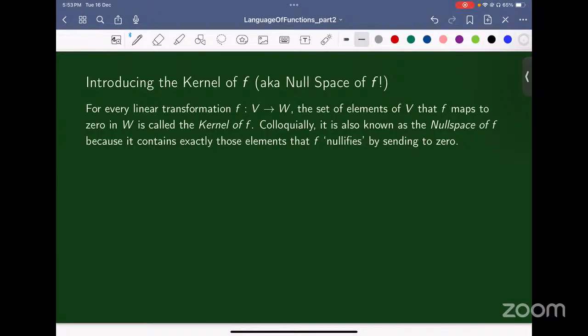Moreover, if you are reading other material, people might mention this because it is a pretty important subspace. So let's understand what the null space of a linear transformation is.